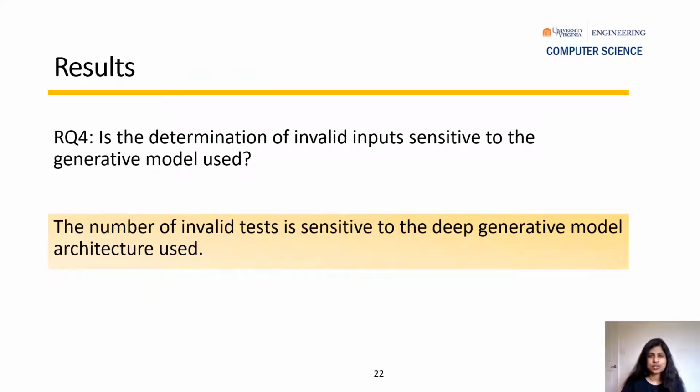The results follow the same trend as observed with the VAE-based classifier. However, the percentage of test inputs classified as invalid by PixelCNN++ and VAE-based classifiers are different. So invalid test cases are identified with different OOD detection techniques, but the number of invalid tests is sensitive to the deep generative model used.